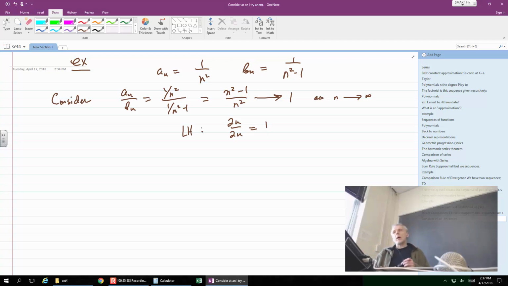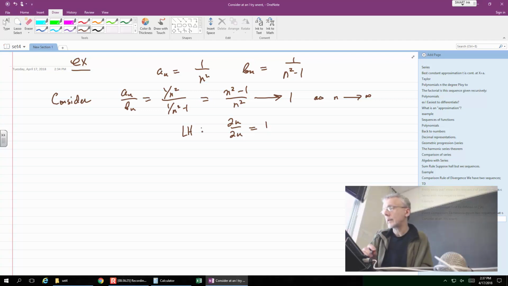When you have polynomials, or power functions of any kind, looking at the powers is also sufficient. These have the same power, 2, and that's why the limit will be a number. We don't really care what that number is, as long as it's a number and not equal to 0. Then we are fine. That will tell us that these two series are similar.